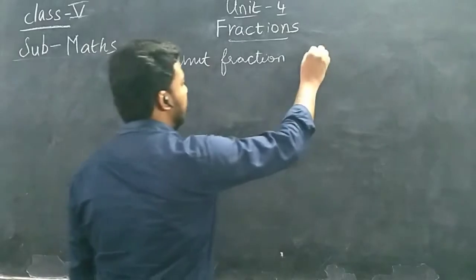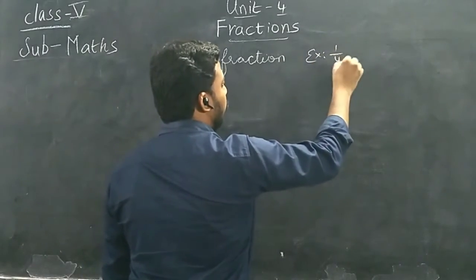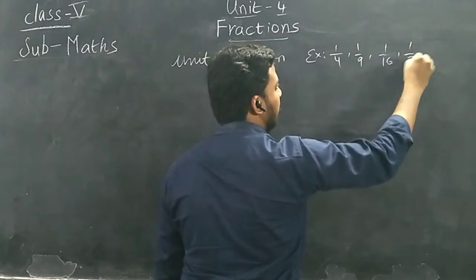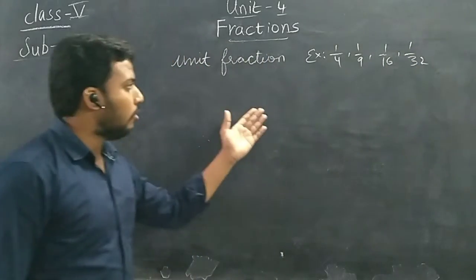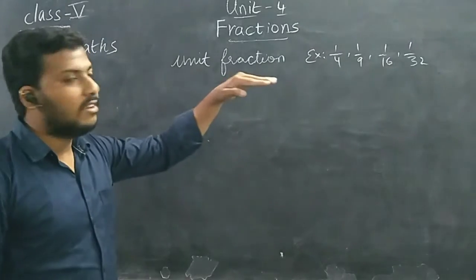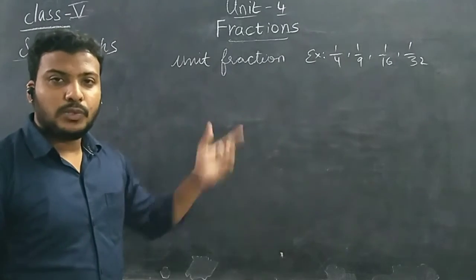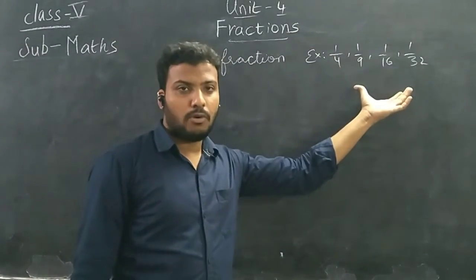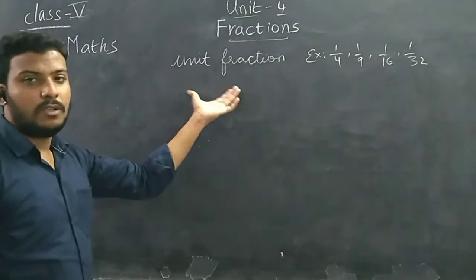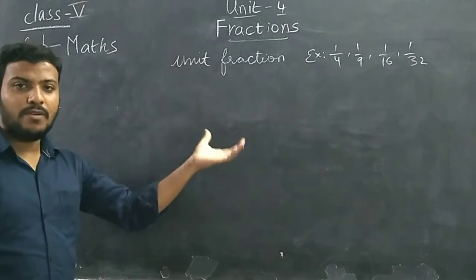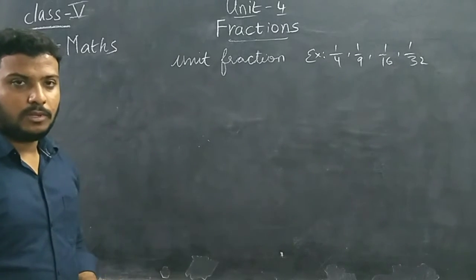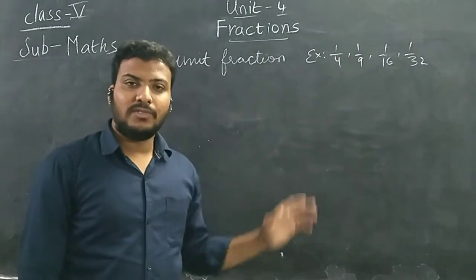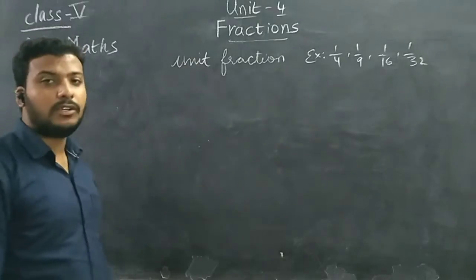Examples for this are 1 by 4, 1 by 9, 1 by 16, 1 by 32. So fractions having 1 as the numerator are called unit fractions, children.